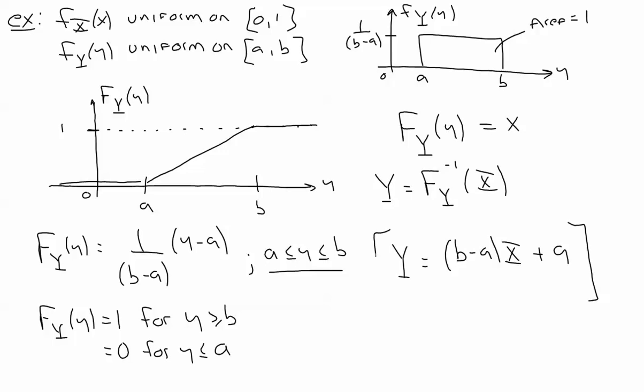That's my final result, assuming always that 0 is less than or equal to x, less than or equal to 1. That is the transformation function that will allow me to transform data that's uniform on 0 to 1 into another uniform random variable that is uniform on the range a to b.